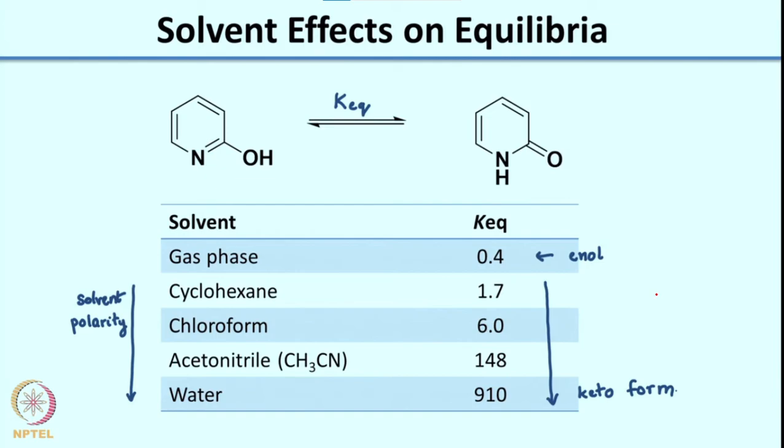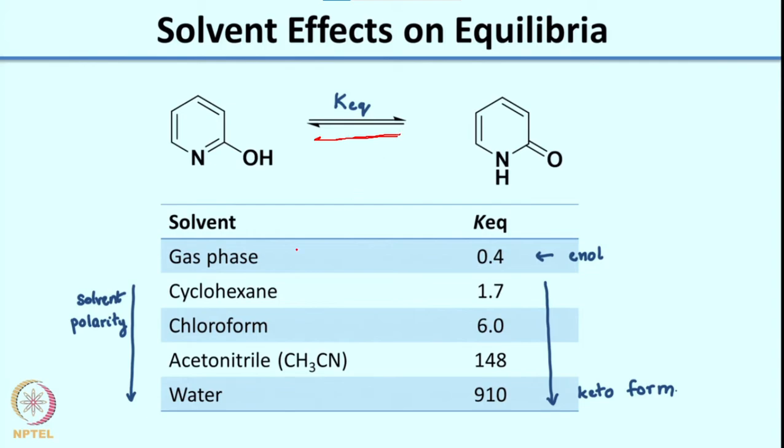So this is the solvent effect on equilibria. Suppose this is our reaction, the keto-enol form is given here, right? This is the keto form and this one is the enol form. In the gas phase, when no solvent is present, the equilibrium is more towards the enol side, right?